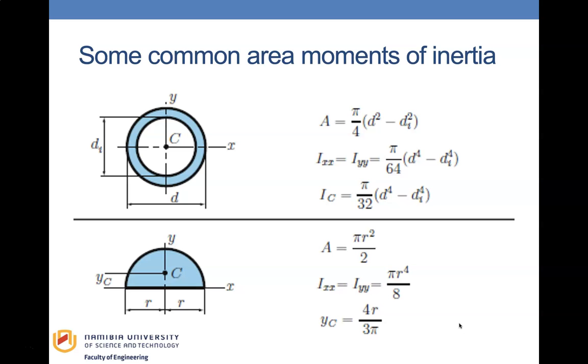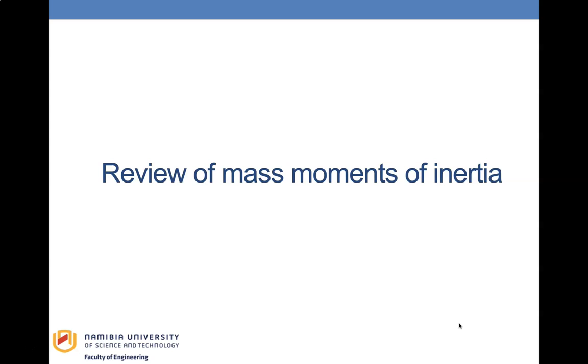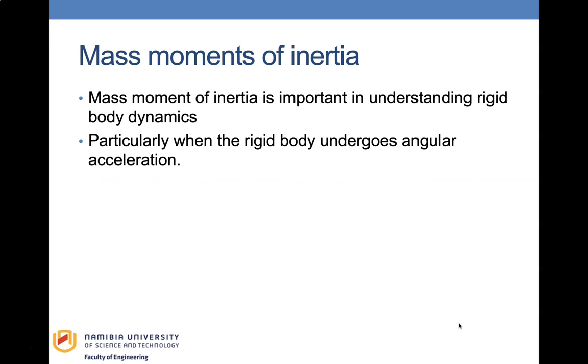Now we will review the mass moment of inertia, which is central to understanding some aspects of rigid body dynamics. The equation of rotational motion about an axis normal to the plane of motion for a rigid body in plane motion contains an integral which depends on the distribution of mass with respect to the moment axis.